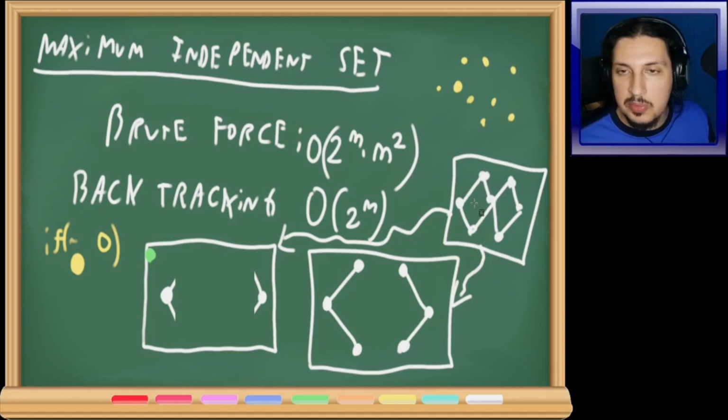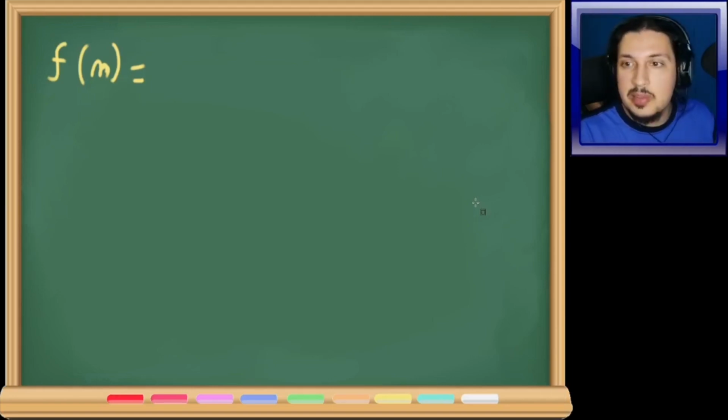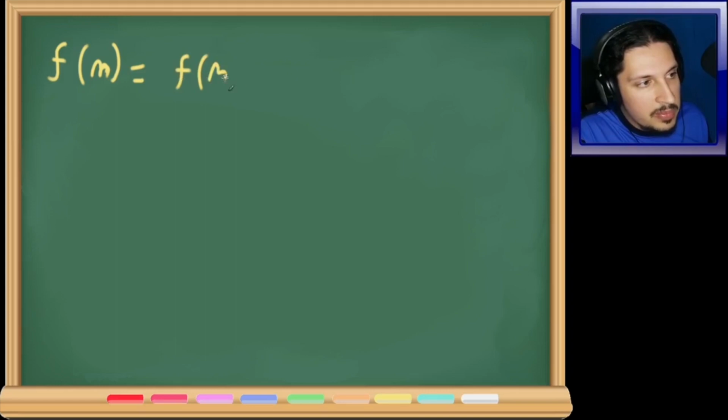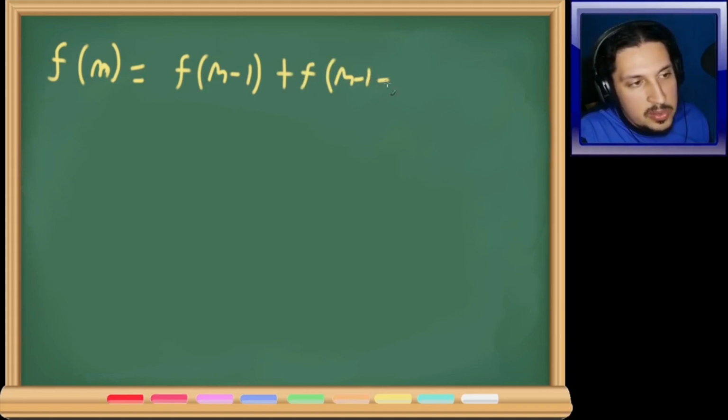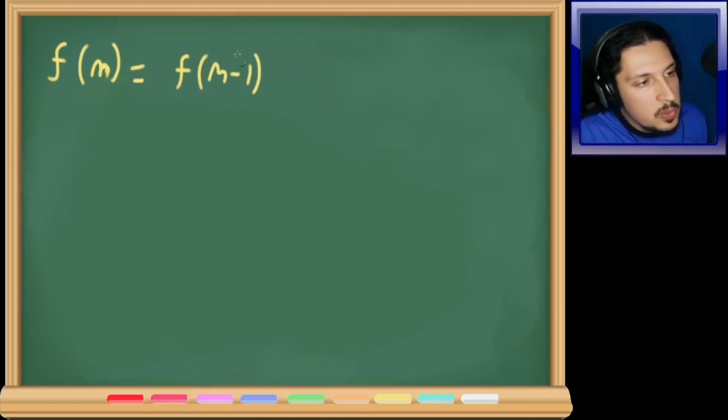So you subtract one vertex and you also subtract the degree of the vertex. Now, if we have no checks at all, the degree might be 0. So in the worst case, we would have f of n minus 1, we choose not to use the vertex, plus f of n minus 1 minus degree, but the degree is 0 in the worst case. So that amounts to 2 times f of n minus 1. And this recursion obviously leads to a 2 to the power of n solution.